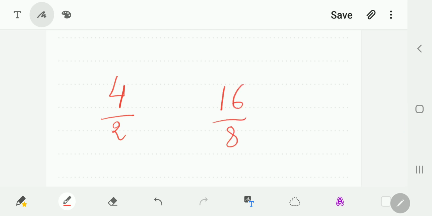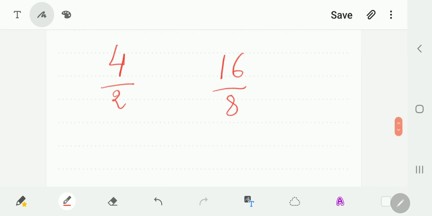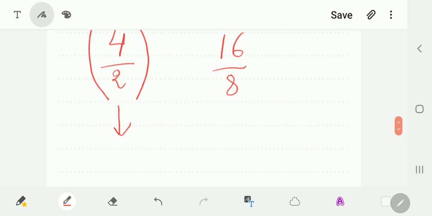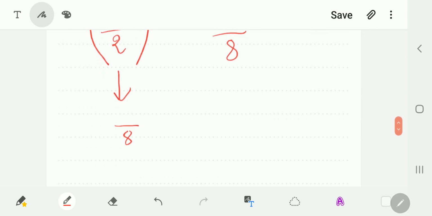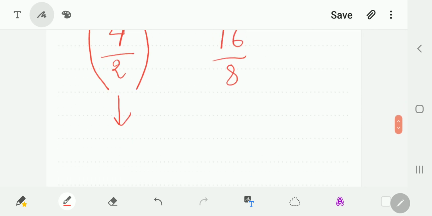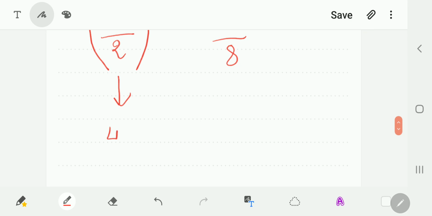This is one of the problems too. We want to compare 4/2 and 16/8. So the easy way to do it, I can change this number to a fraction that has 8 in the bottom. So I do the same thing. Okay, so 4/2.